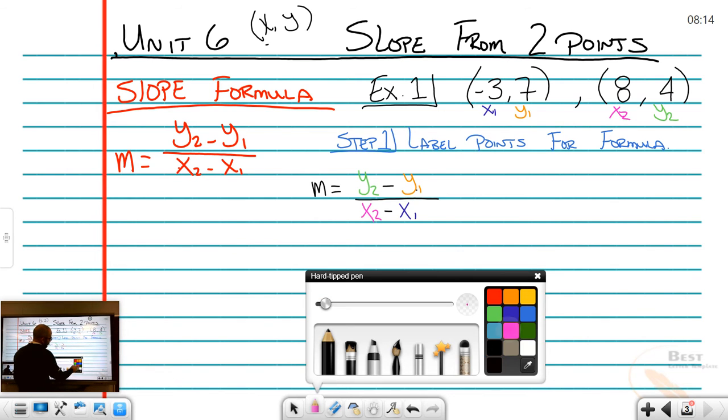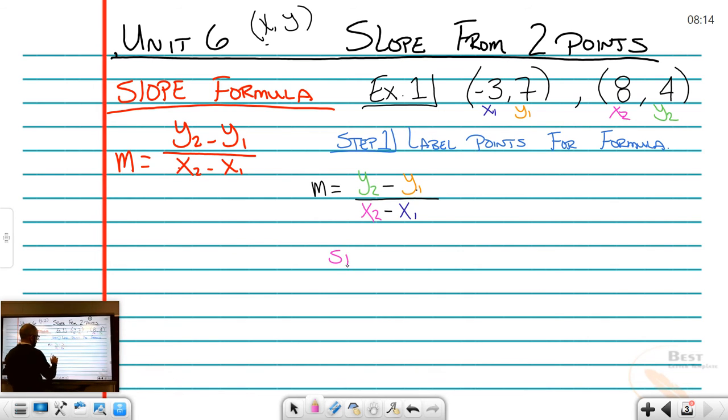Step 2, we're going to substitute points into formula and solve.